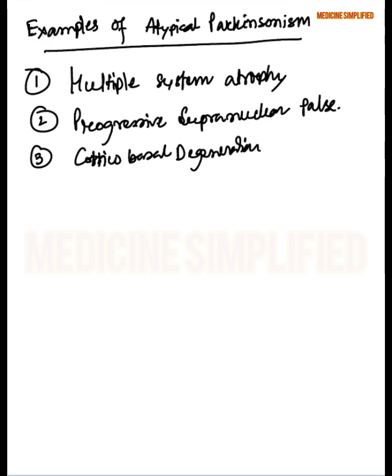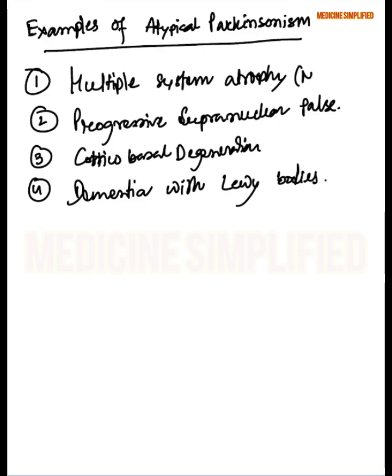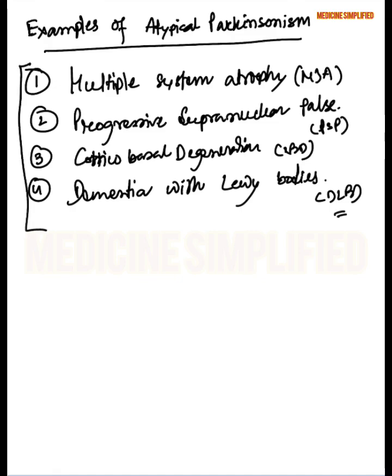Number 4, dementia with Lewy bodies. Multiple system atrophy, MSA; progressive supranuclear palsy, PSP; corticobasal degeneration, CBD; and dementia with Lewy bodies, DLB. These are included in atypical Parkinsonism, and I have already said what the red flag signs are. When will you suspect?